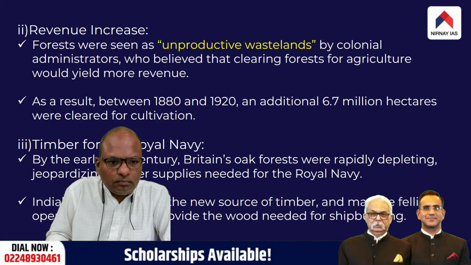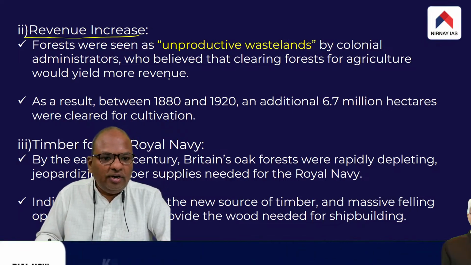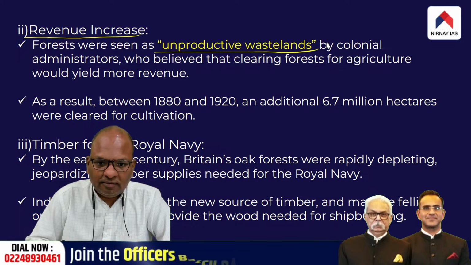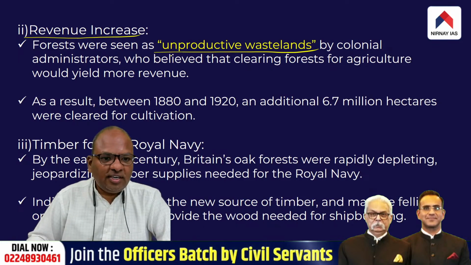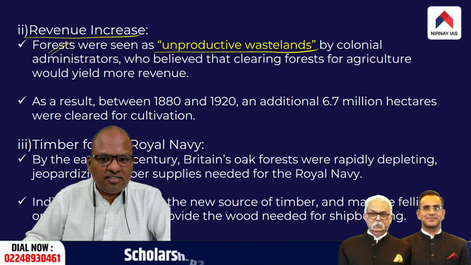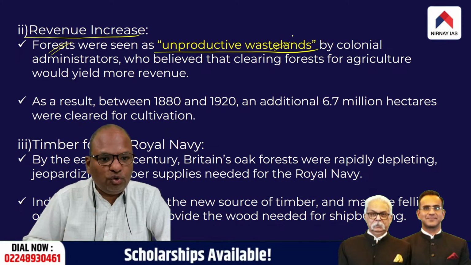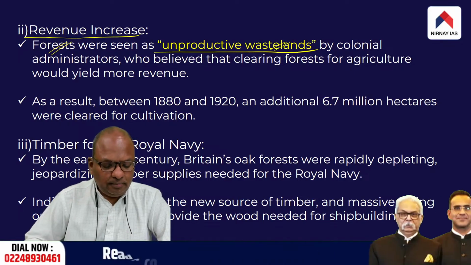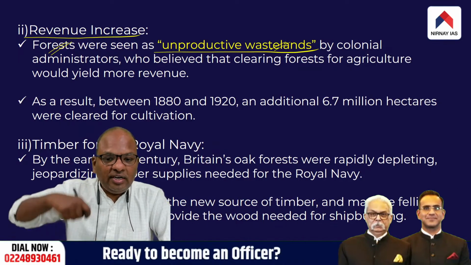Second, the British viewed forest as unproductive wastelands. Quite ironic. The British viewed the forest regions as unproductive wastelands. So they encouraged deforestation with a view to increase their revenue.